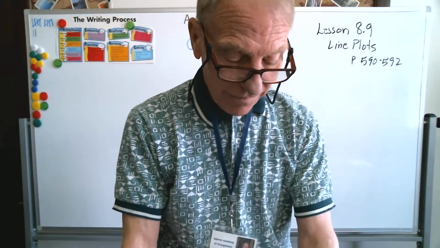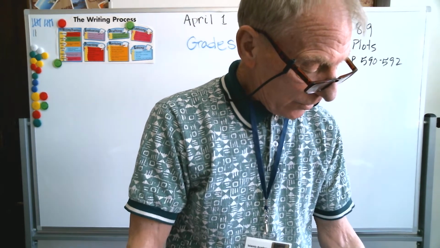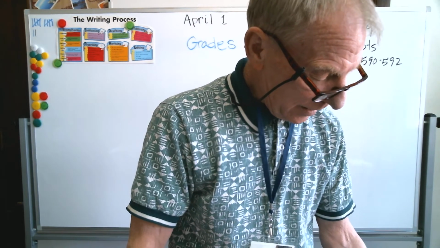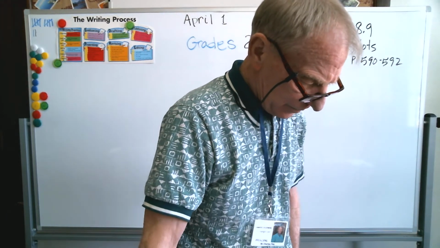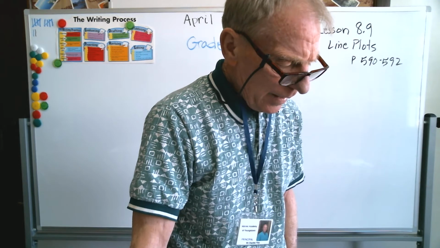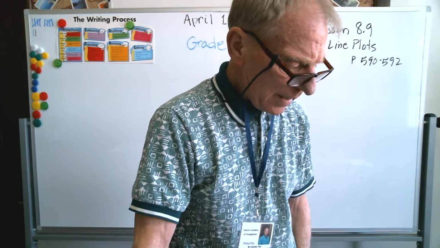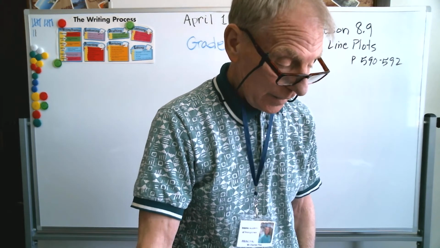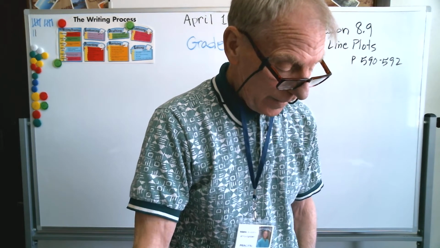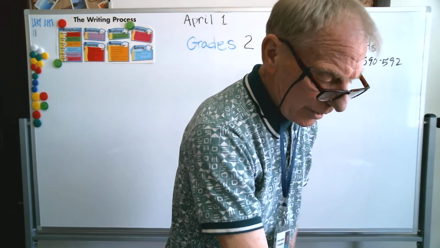Now, your homework's on 593 and 594. You got a little spiral review on 594. And it looks like in the spiral review, you're doing some estimating. It mostly has to do with measuring. Hopefully that is something that you're pretty secure with.